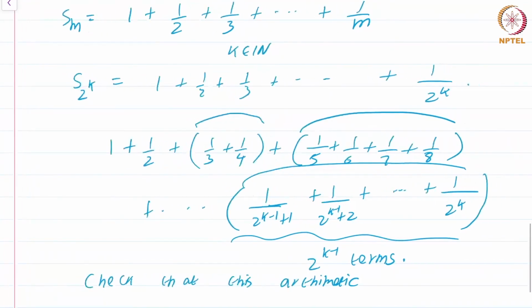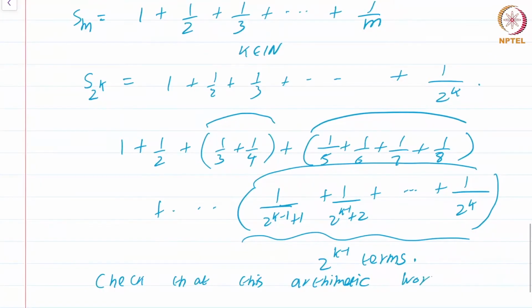That's just summing up a finite set of terms of a geometric series. 1 plus 2 plus 4 plus dot dot dot 2^{k-1} will be exactly 2^k minus 1, and there's a 1 here, so put together there are 2^k terms. So I am accounting for every single term, and it's possible to split up this finite series in this way.